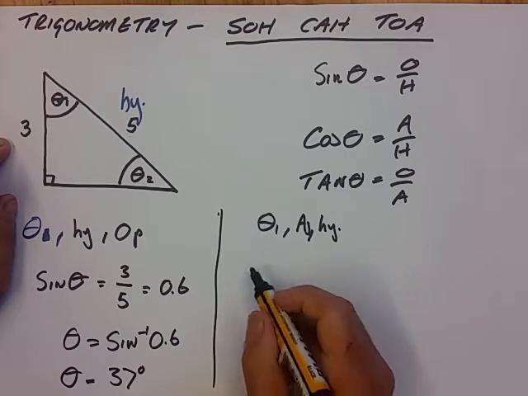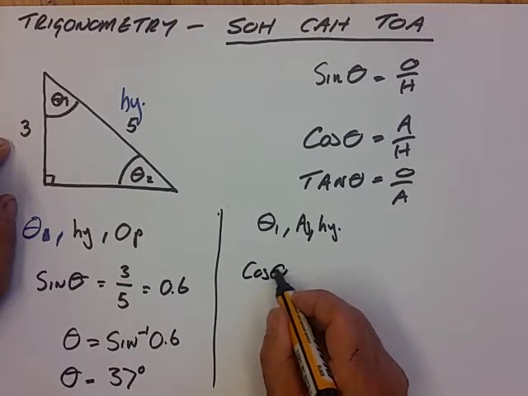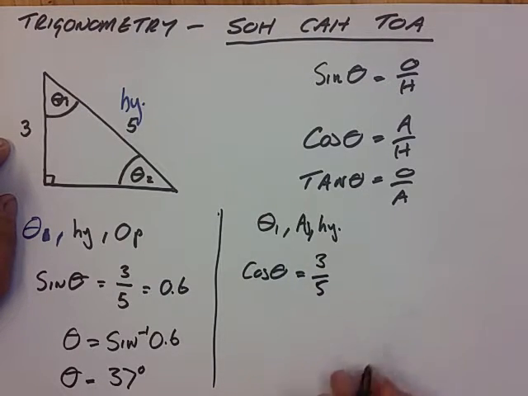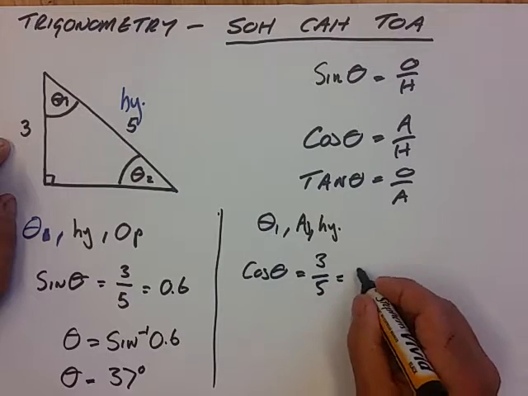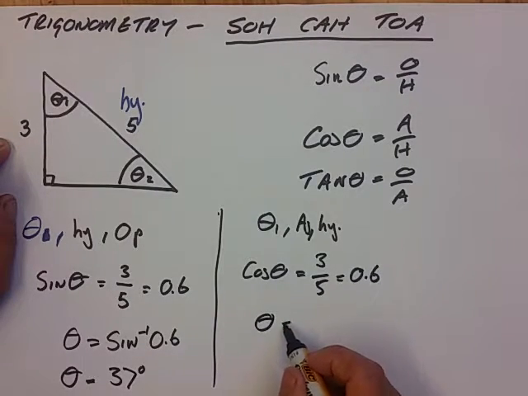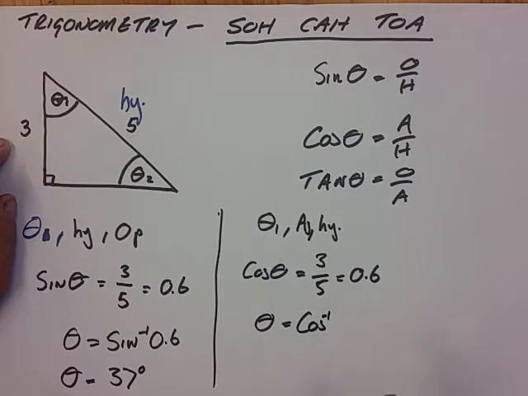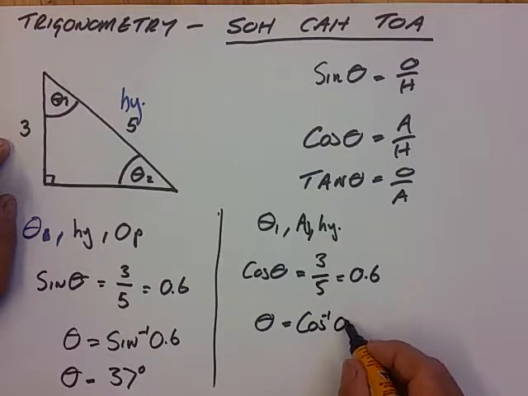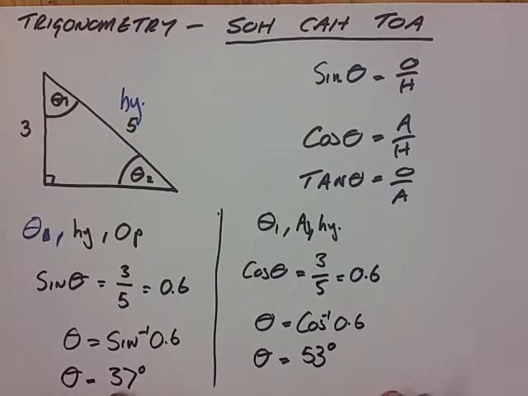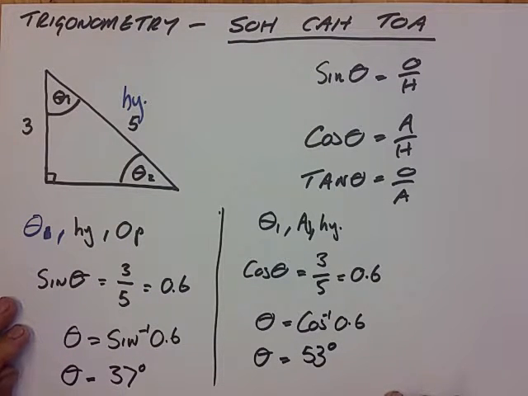So cos theta equals our adjacent, which is 3, over the hypotenuse, which is 5, which also equals 0.6. So theta equals, the cos comes over and becomes the inverse of cos, which is the shift cos button on the calculator, 0.6. So theta equals 53 degrees. Now we can see quite clearly 37 and 53 equals 90, so we can use that as our check to make sure we've got it right.